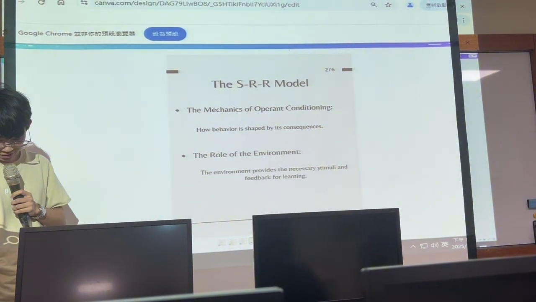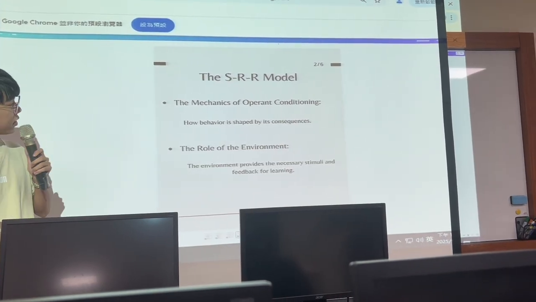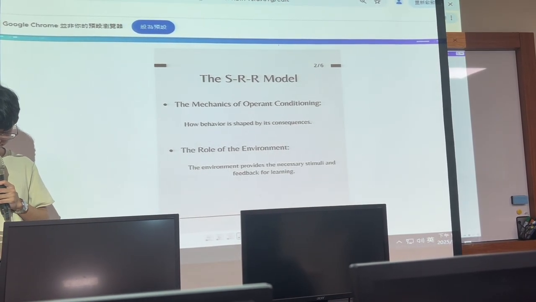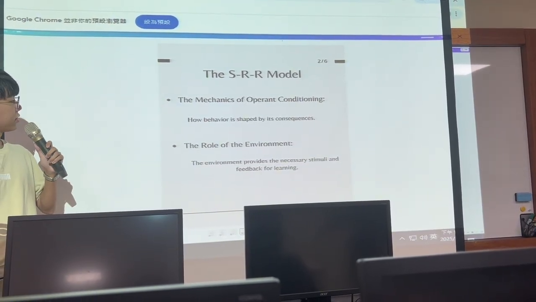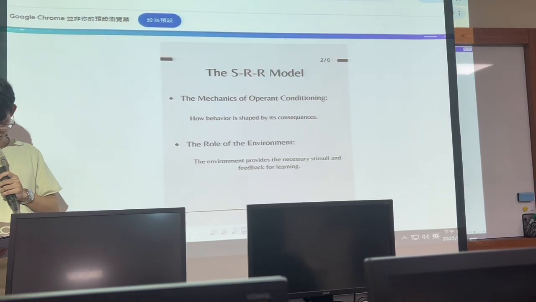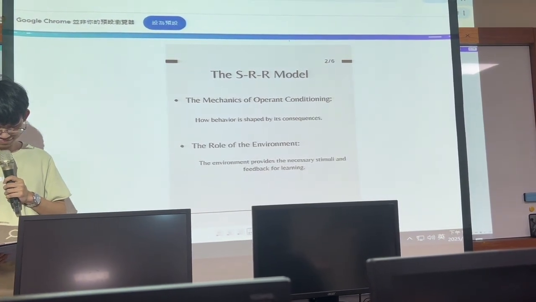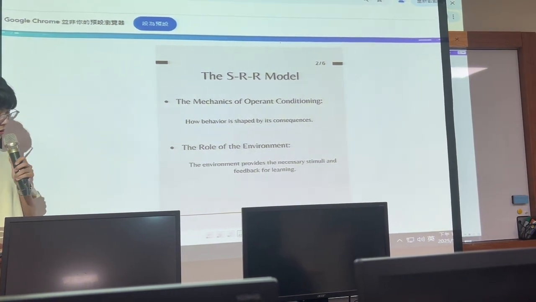Okay. Now, how does learning actually happen? That is where the SR model comes in. The SR model explains conditioning. Behavior is shaped by its consequences.